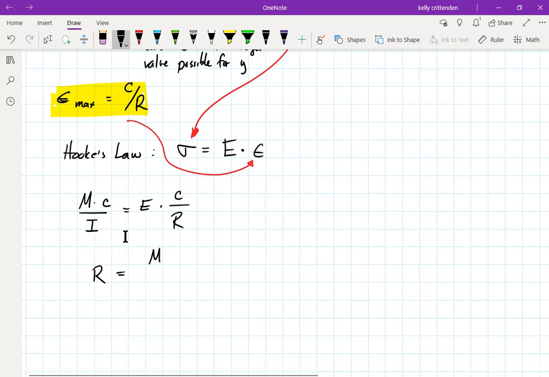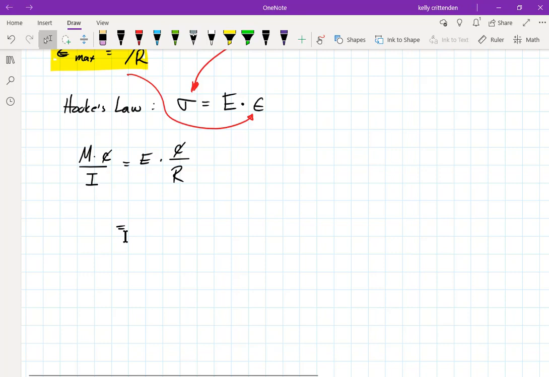Actually, I think I want to move the E over. The C's cancel each other out. Hold on a second. M over E, I. C's cancel each other out equals 1 over rho, or not rho, R. In this previous time I wrote it as rho, but not actually rho.